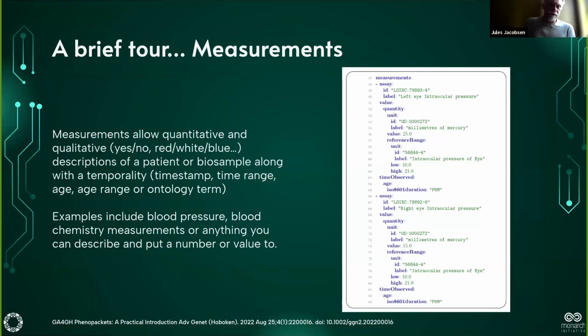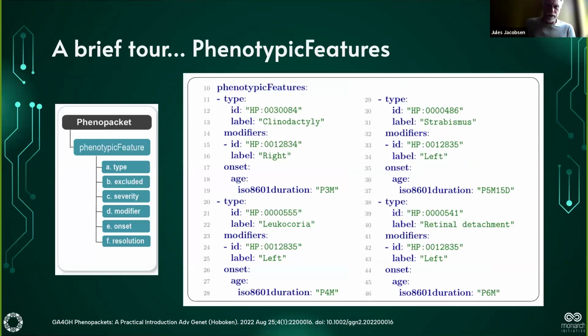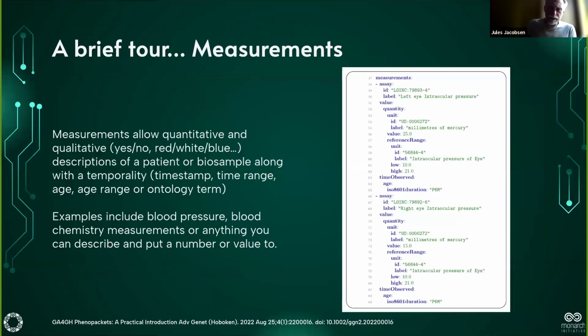So moving on with the measurement. In this case, this is actually taken from a case with a 6-month-old girl, I think it is, and she had these particular phenotypes. The clinician actually did some measurements on the eye pressure, for example.